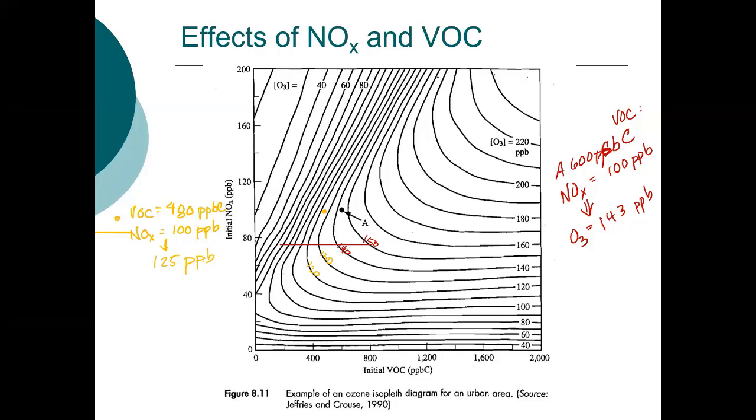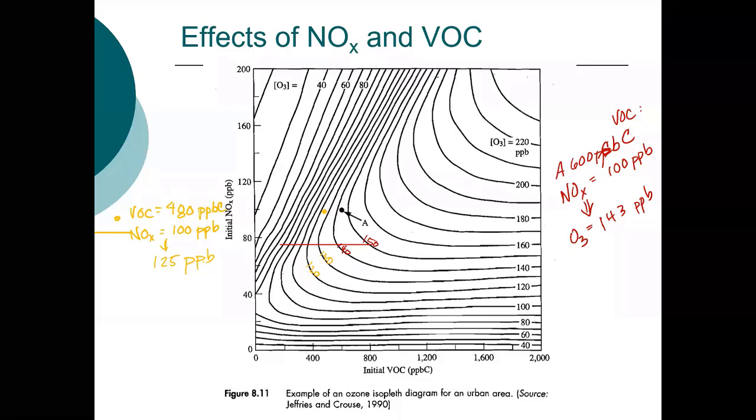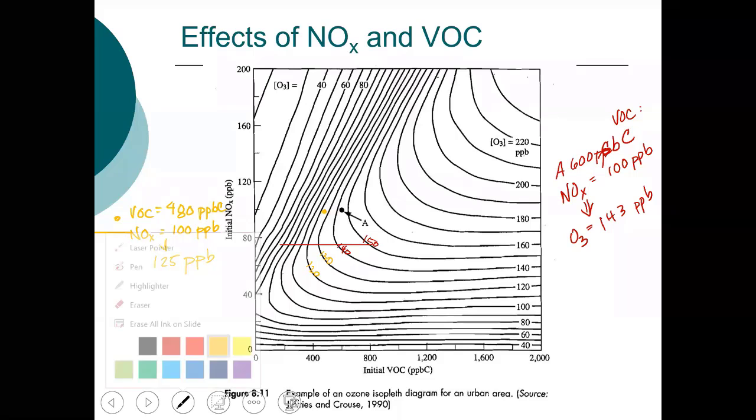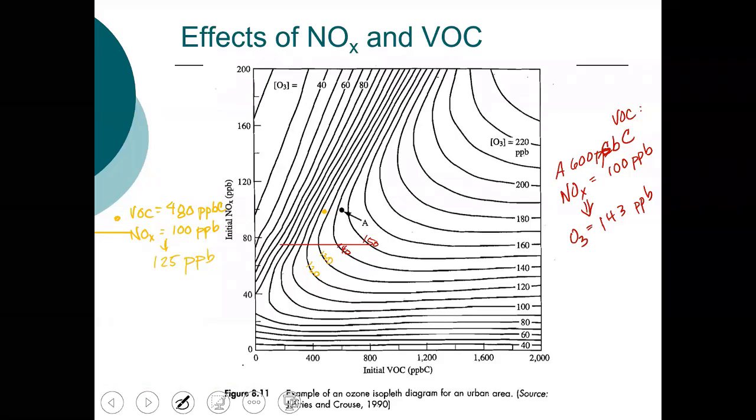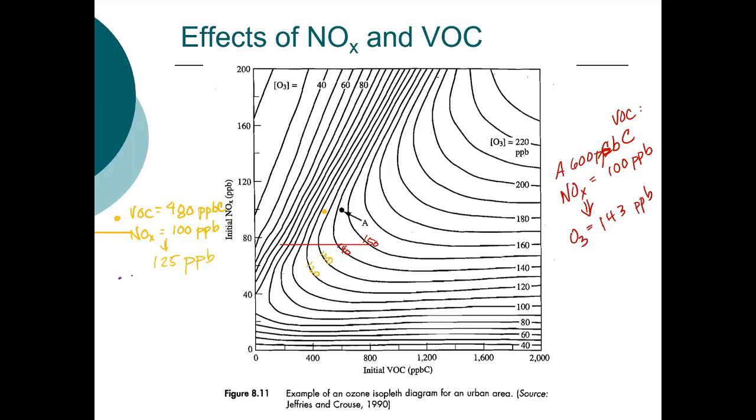What if we increase the VOC concentration by 20%? Let's change the color again. I'll use purple here. Now my VOC concentration will increase by 20%, and this is 720 parts per billion.